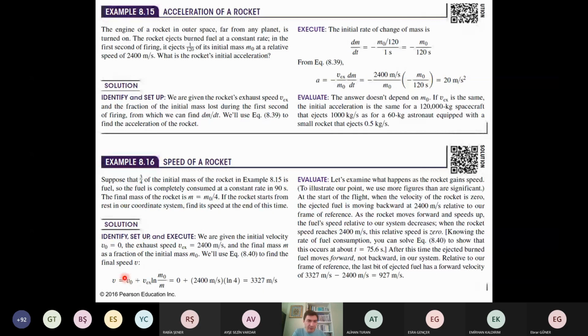The initial velocity is 0, because the rocket starts from rest. vx is given in the question, 2,400 meters per second. Put it there. And ln m0 over m: m0 over m is 4, so we have ln 4. This is the final velocity of the rocket after this time, which is 3,327 meters per second.